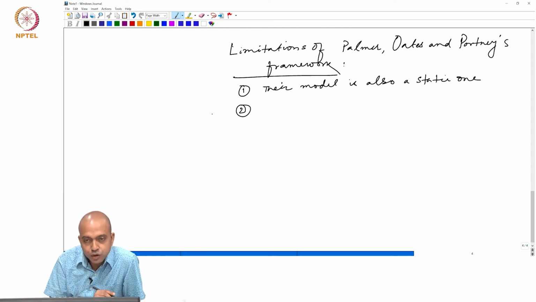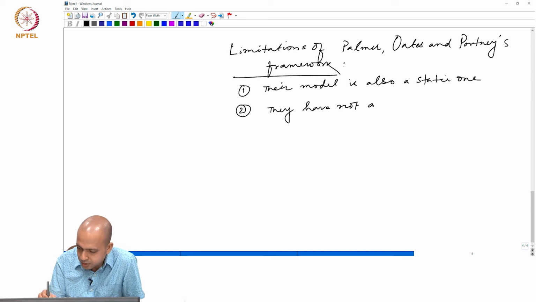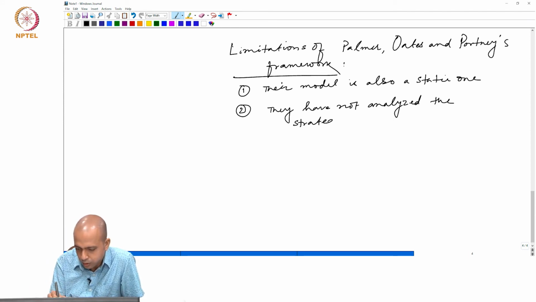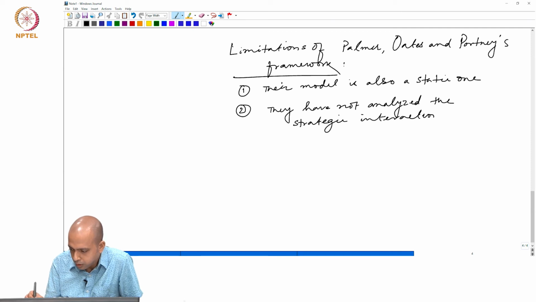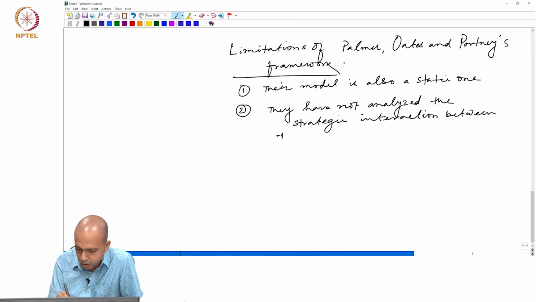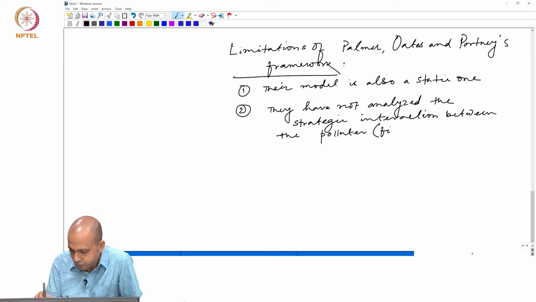Because they have not analyzed the strategic interaction between the polluter, and here it is the firm, and the regulator.